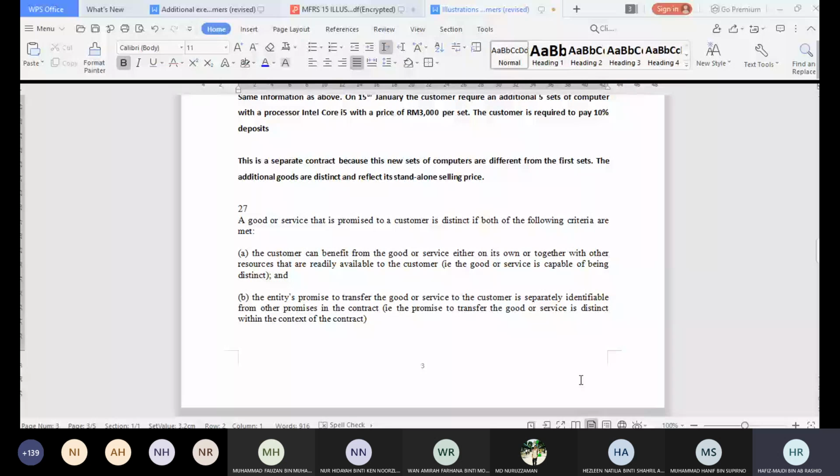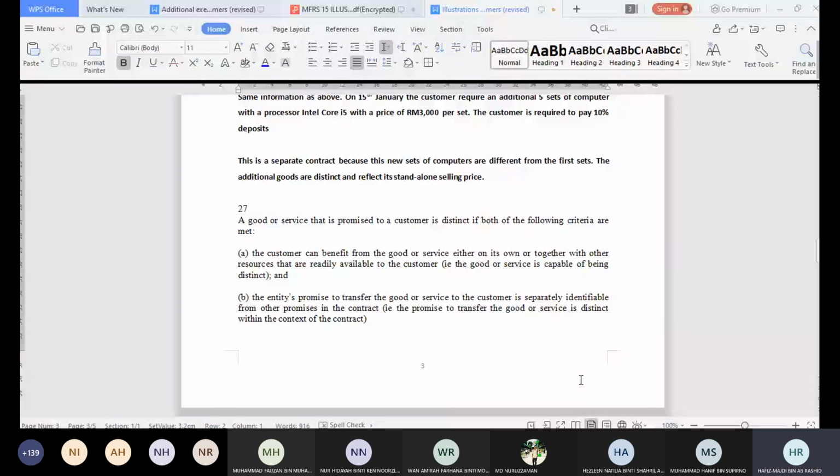But two separate promises is not necessarily distinct. That is what has been discussed in the standard. So that is one criteria for you to identify distinct. If you already promised that the delivery will be in two batches, the first on a certain date and the second on another date, that is an initial condition, because you have two different promises which can be separately identified.